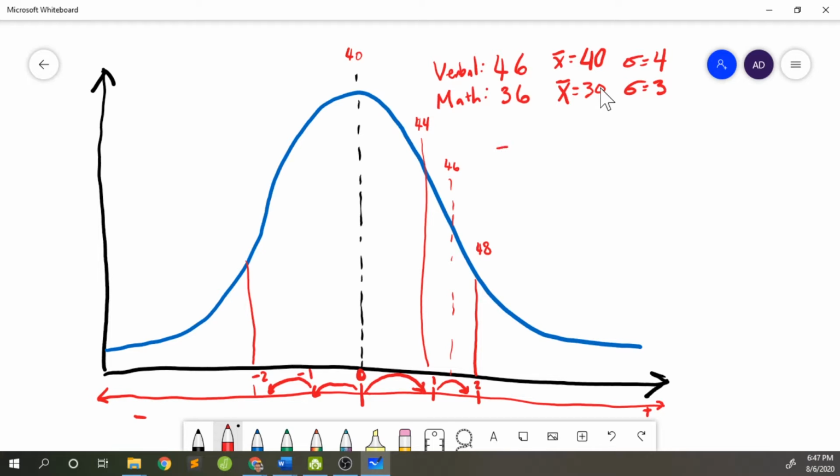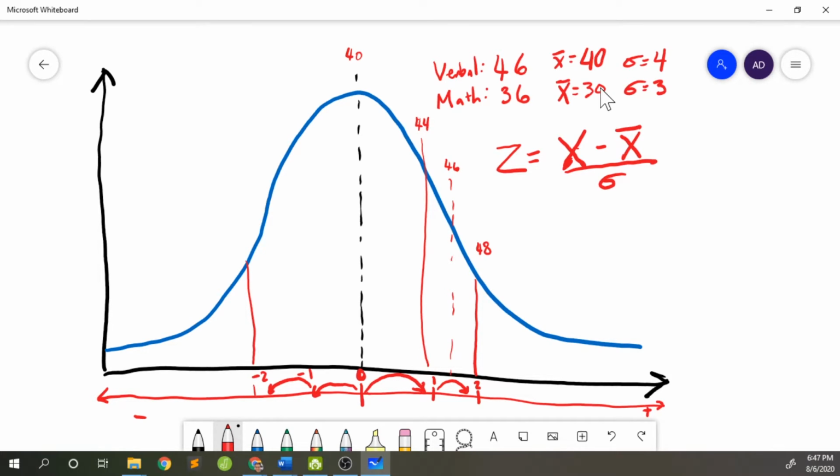So the formula is this: z equals the distance between your data point, x, and the mean, so x minus the mean, divided by the standard deviation.